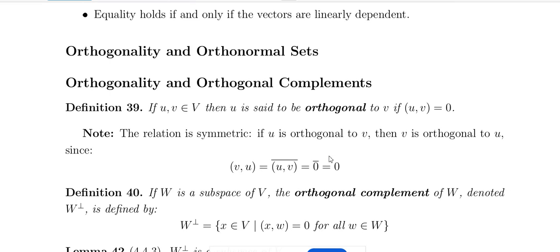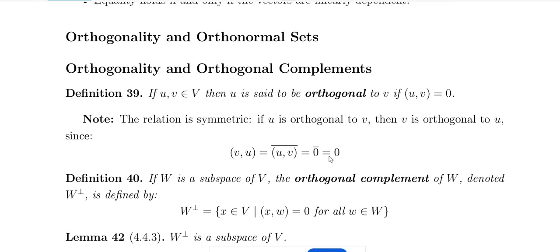Linearly dependent. And another very important concept: orthogonality and orthonormal sets. Orthogonality means that for any two vectors u comma v, u is said to be orthogonal to v if the inner product of u comma v equals 0.